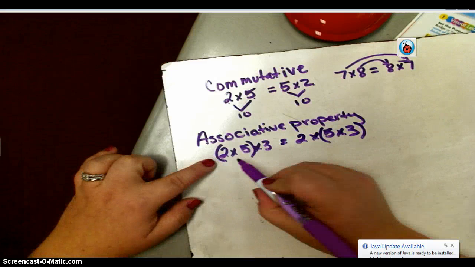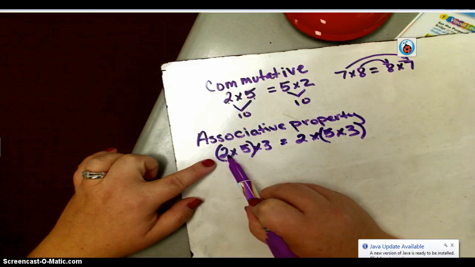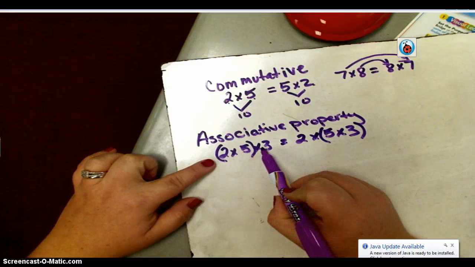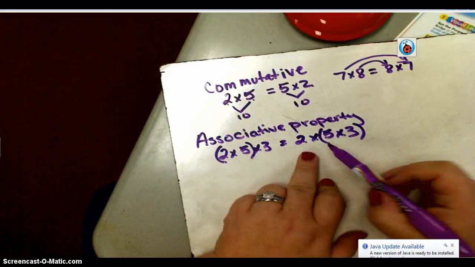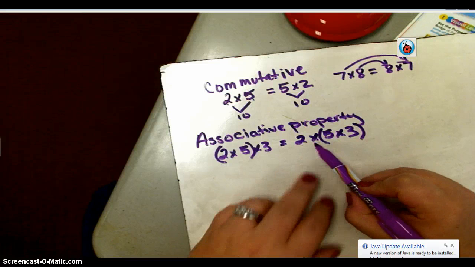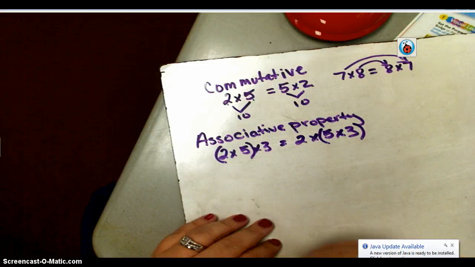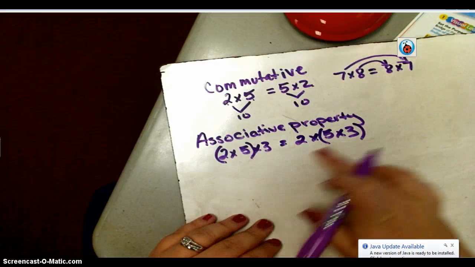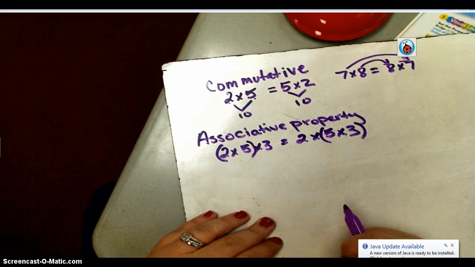Okay? So no matter if I have my parentheses around 2 times 5, and then multiply that times 3, I'm going to get the same answer as if I had 5 times 3 in parentheses and multiplied it by 2. So all I'm doing is changing the location of my parentheses.